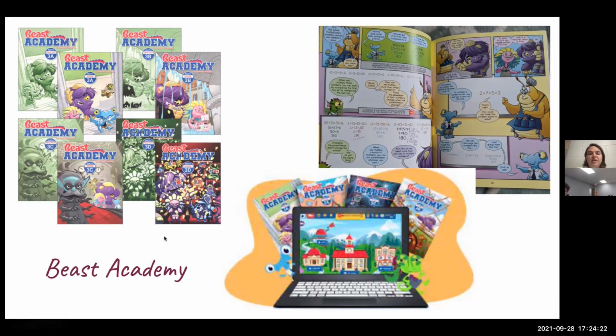Beast Academy is designed like no other math program that I've encountered. You have 4 books per year, and that's what I'm showing you here. Each book has a component, so you can see A, B, C, there's like 2 for each. One is called a guide, and it's basically a comic book that has monsters explaining the math concepts.